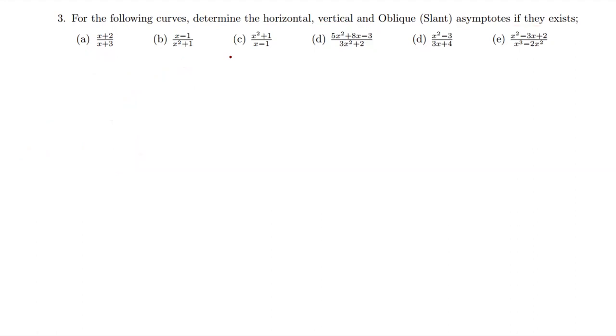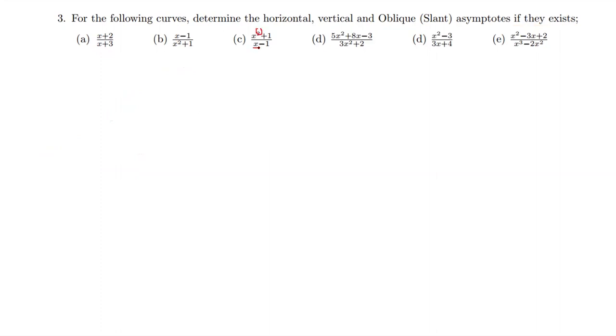When you look at the first question there, you can determine the horizontal asymptote and the slant or oblique asymptote. How do you do that? The slant asymptote is only found in an expression where the power of the numerator is greater than the power of the denominator.